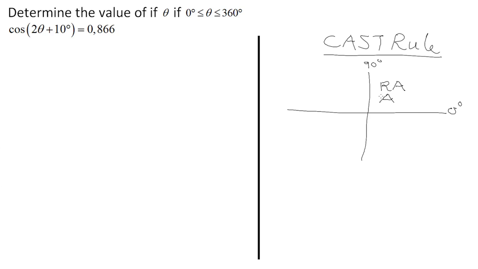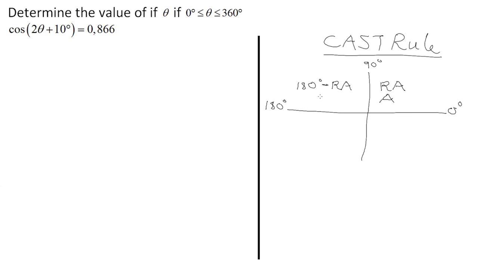Then we move to quadrant number 2, which is between 90 and 180 degrees. In other words, the value of the angle will be between 90 and 180 degrees. And here you can clearly see it will be 180 degrees minus your reference angle.